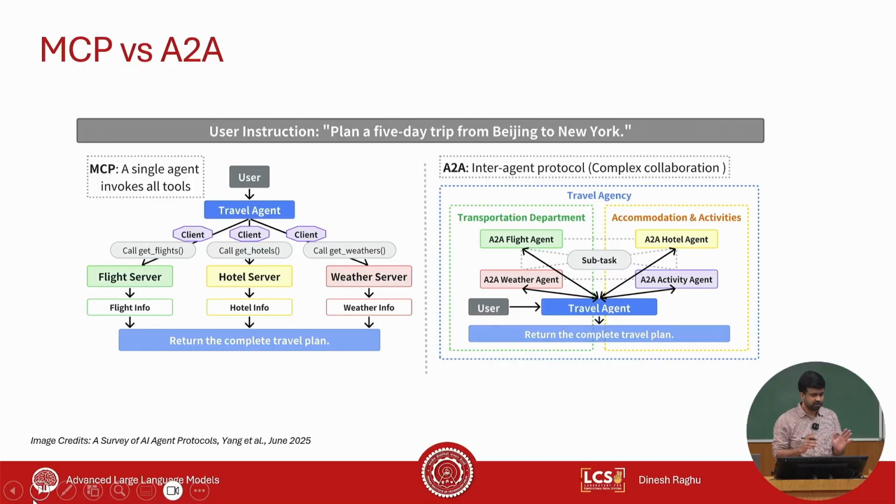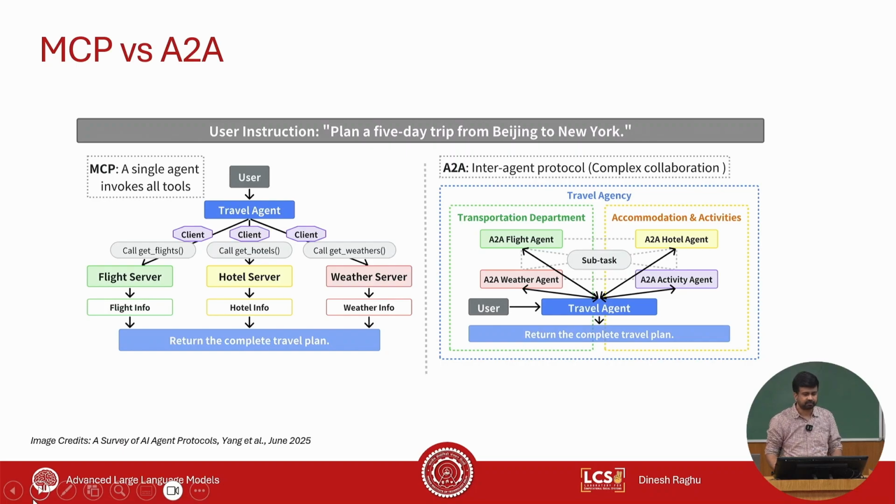Then let's say there is an MCP flight server, an MCP hotel server and an MCP weather server, right? Each exposes all the functions that it has, so once you do tools/list, all these MCP servers will give you all the tools.